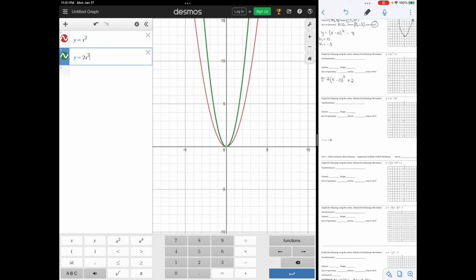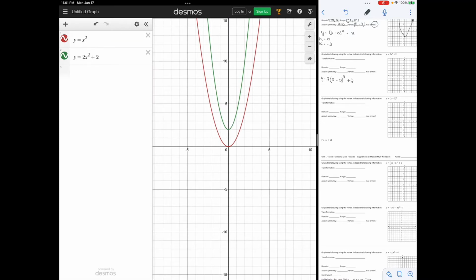What's causing it to be skinnier is the coefficient a, which is 2. That's causing it to be skinnier because that is a vertical stretch. So we have 2x squared plus 2. Now, how did that graph move? A lot of things happen there.